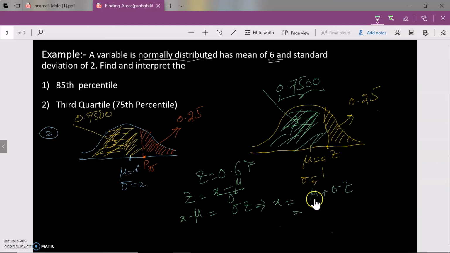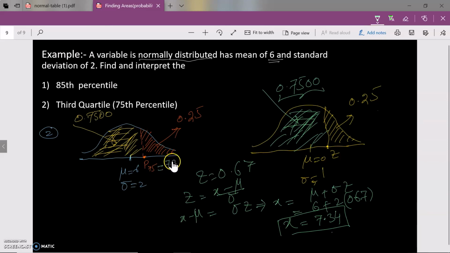Now you plug in the values. Our mu is 6, sigma is 2, and z we have just found is 0.67. If you do this multiplication, it comes out to be 7.34. So this is our x value. So x is equal to 7.34. This is the 75th percentile.